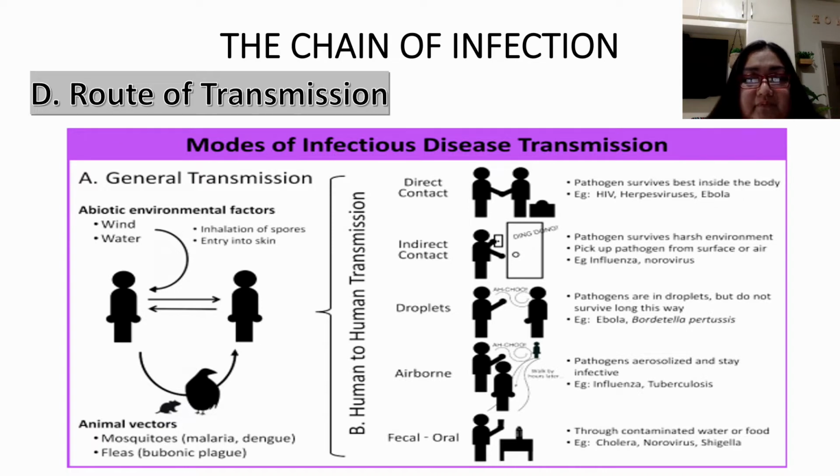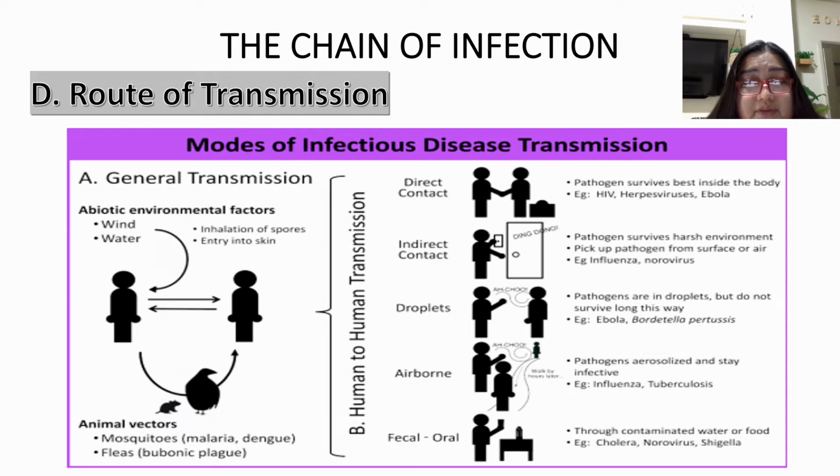Now, take note that these 5 modes are not mutually exclusive. For example, yung Ebola virus, it can spread through direct contact and potentially through droplet transmission too. How pathogens can be transferred mostly depends on how hardy they are outside a human body.